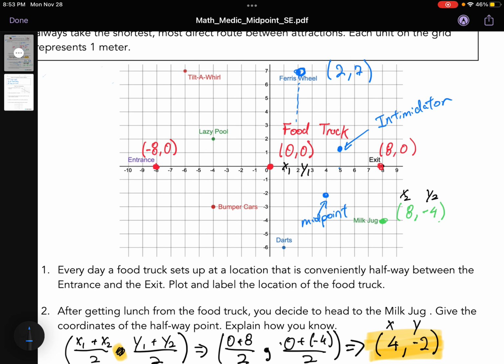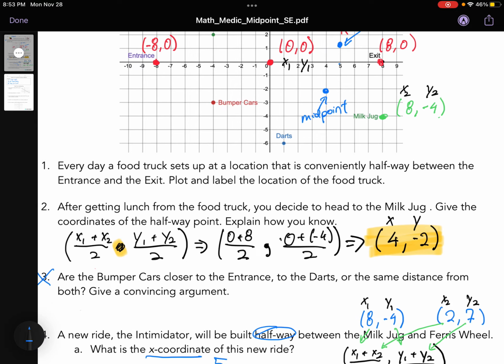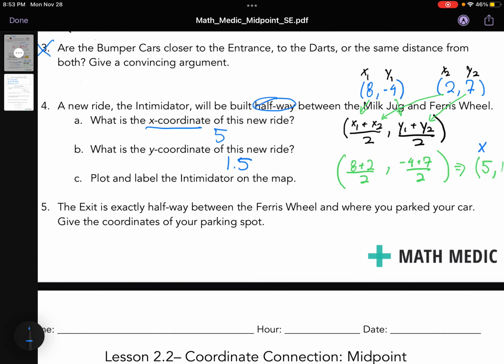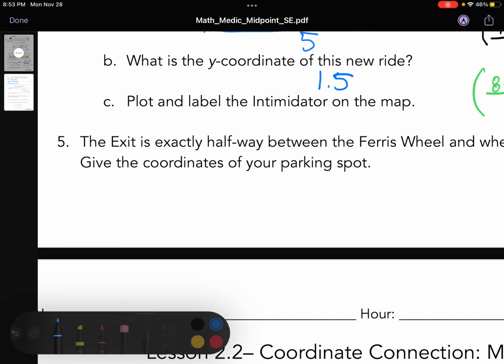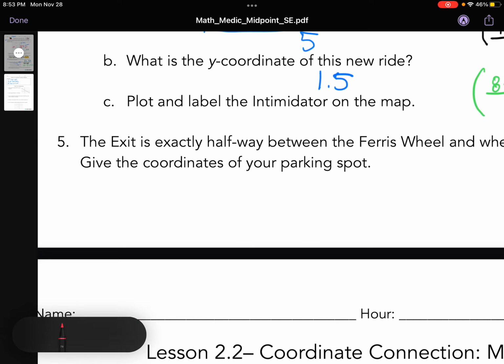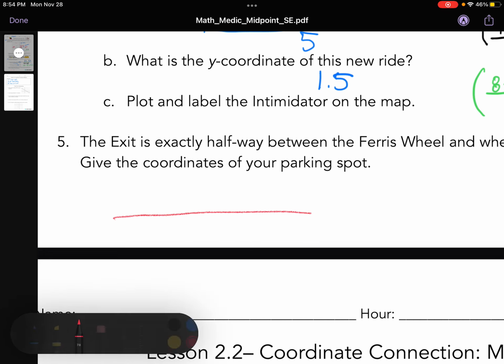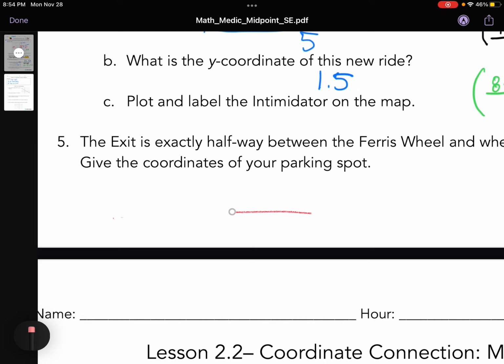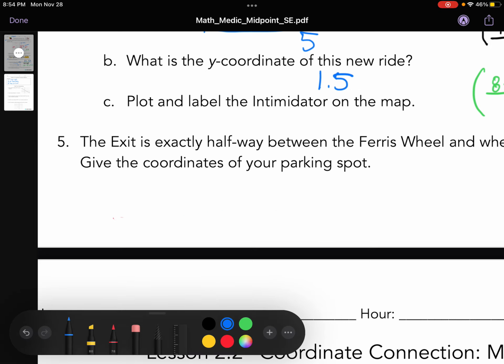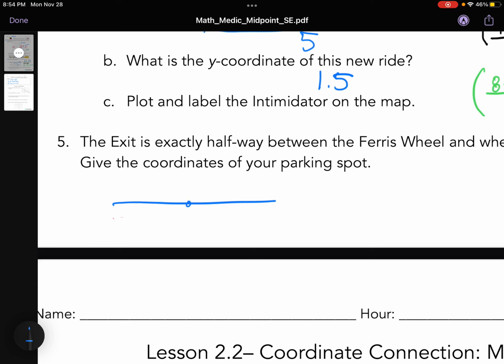So, now the exit is our midpoint, 8, 0, and our Ferris wheel, 2, 7, is an endpoint. If that was confusing, let me draw it out for you. If you have a line that looks like this, our midpoint is 8, 0, and our endpoint is 2, 7.